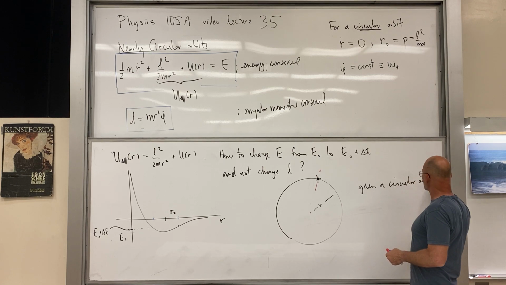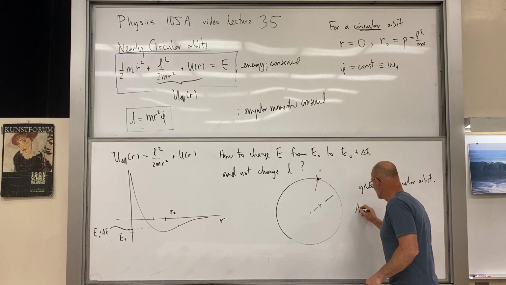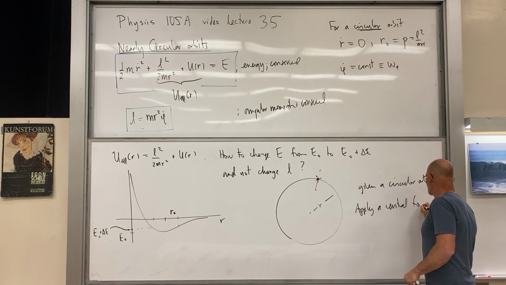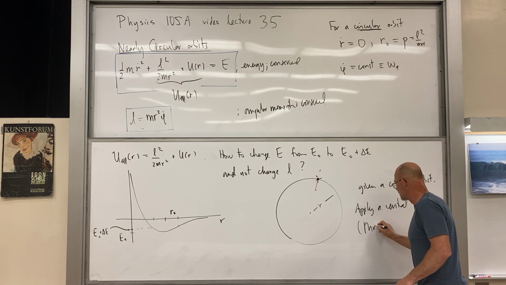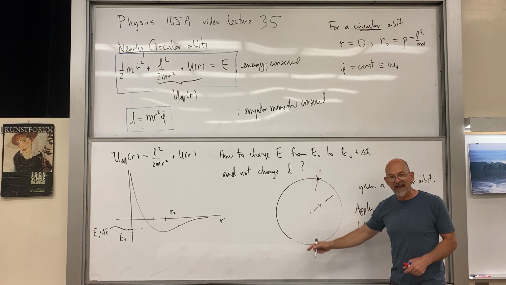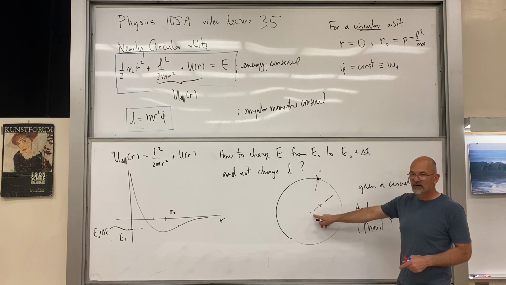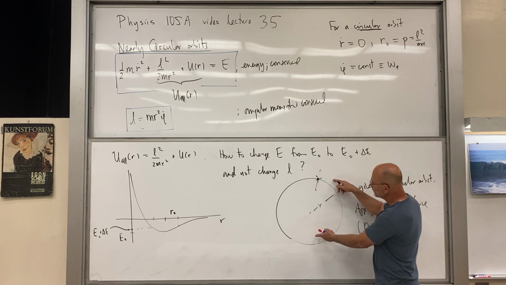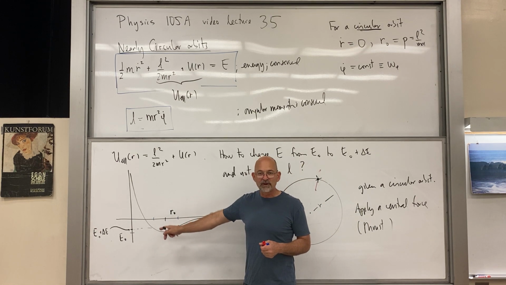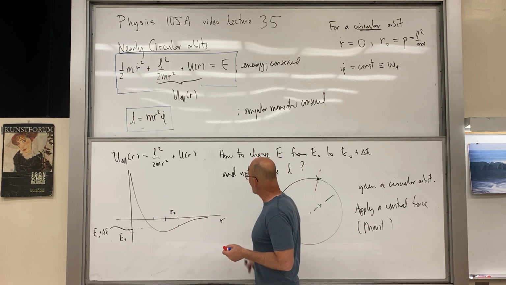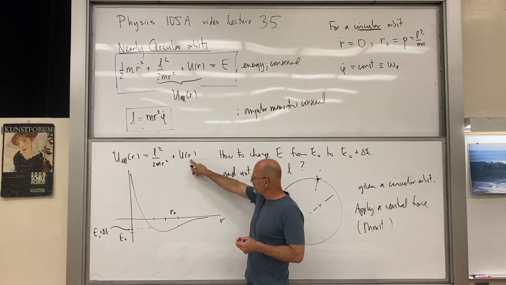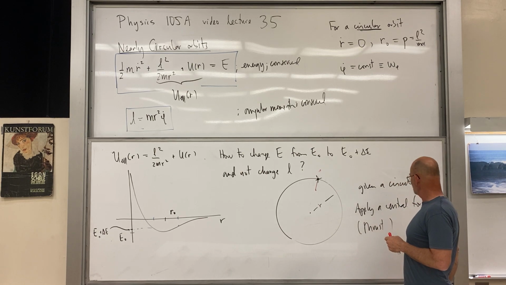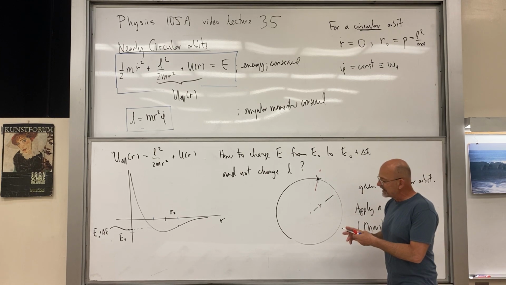So the answer is, given the circular orbit here, apply a central force, thrust, which is towards or away from the center of the orbit. That'll leave the angular momentum unchanged, but it will change the energy, and this circular orbit will now turn into an elliptical orbit if it's a Kepler problem. If it's not the Kepler problem, if it's just some general potential, we're going to see what it does. Central force. So that's the idea.